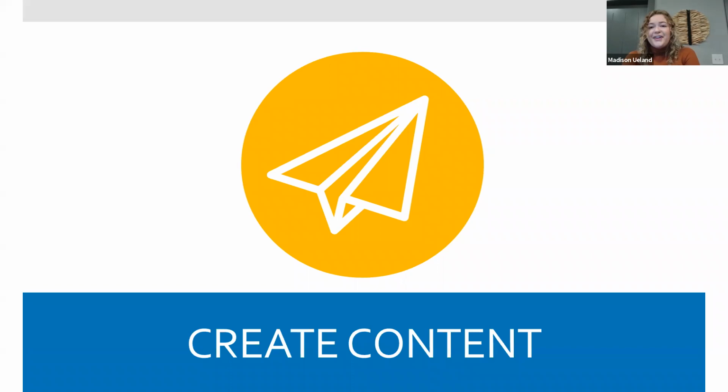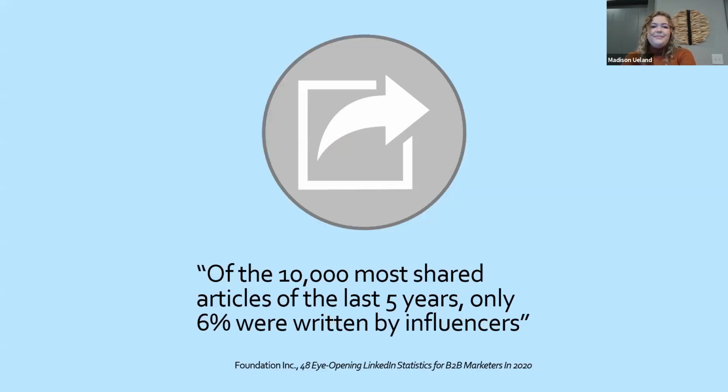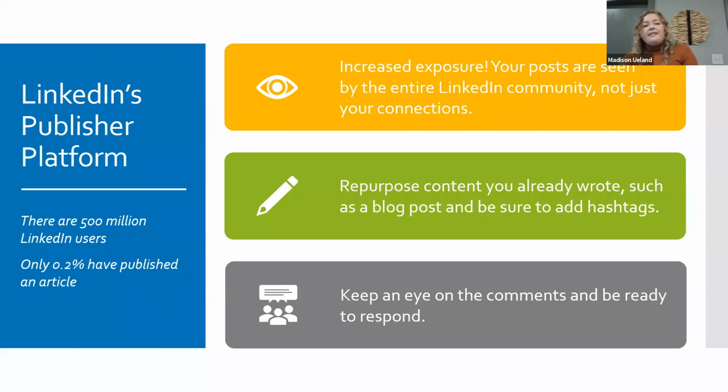And then creating content. Of the 10,000 most shared articles in the last 5 years, only 6% were written by influencers. That's because on LinkedIn's publishing platform, there are 500 million users and only 0.2% have published an article.